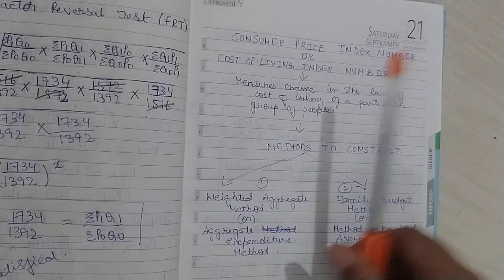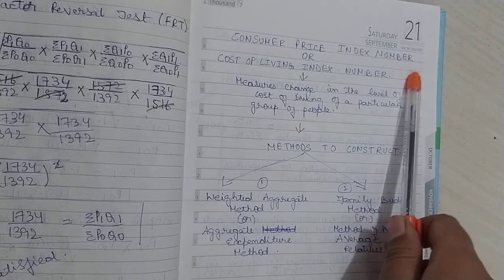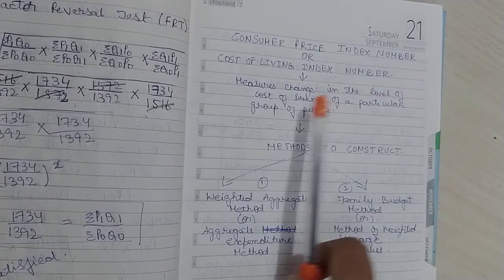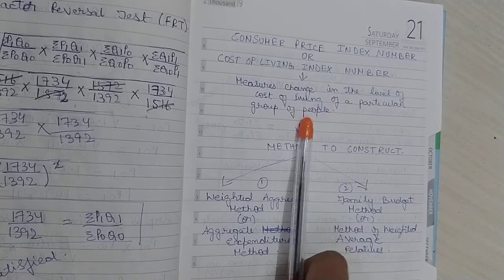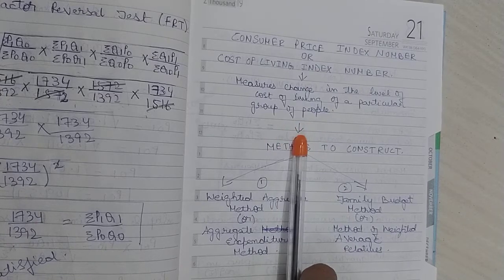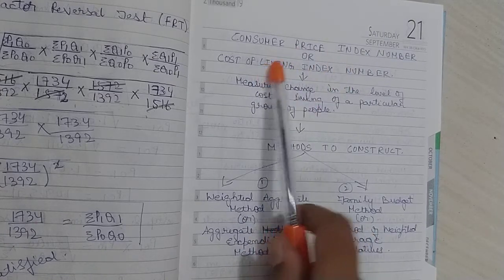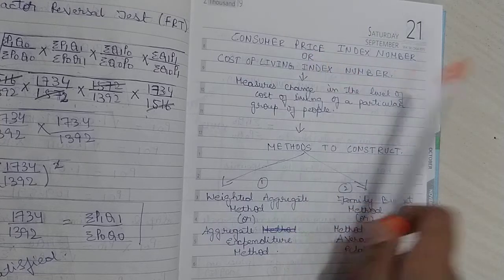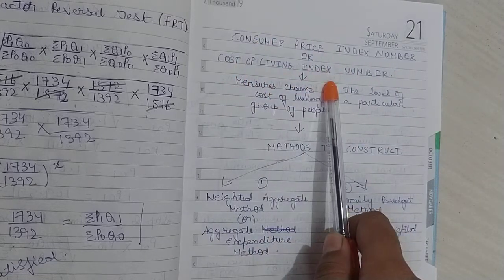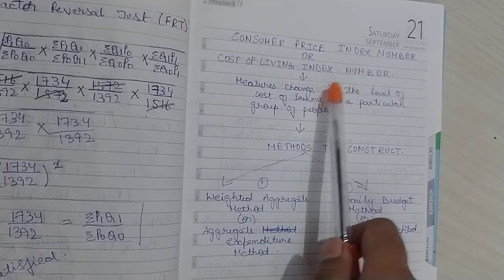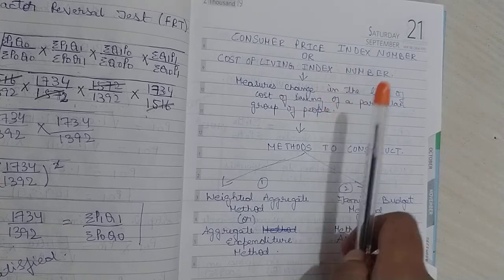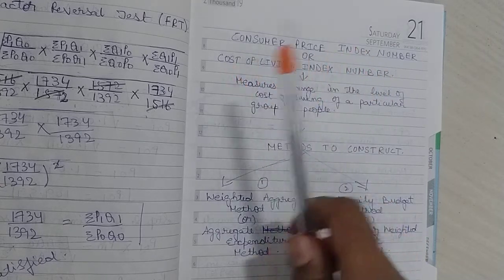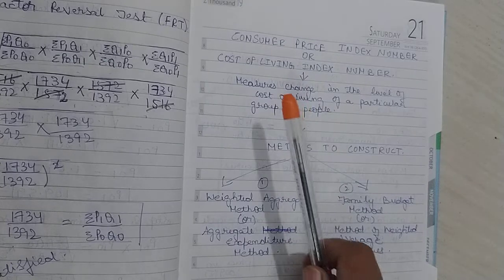So first remember, what does consumer price index number study? It studies the change in the level of cost of living of a particular group of people. It is also called cost of living index number, and there are various other names, so don't get confused if the question uses some other name.